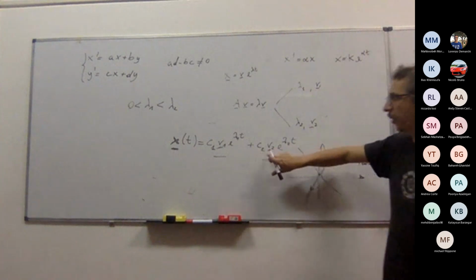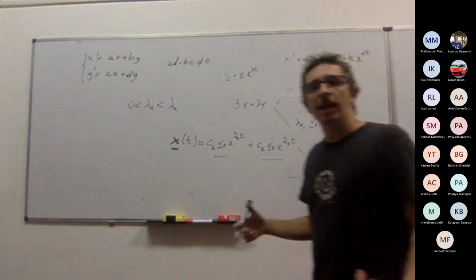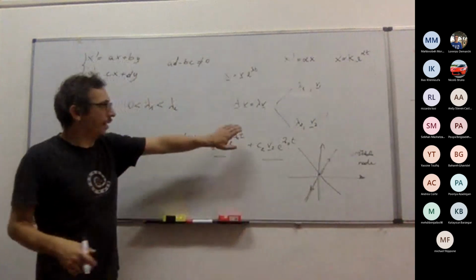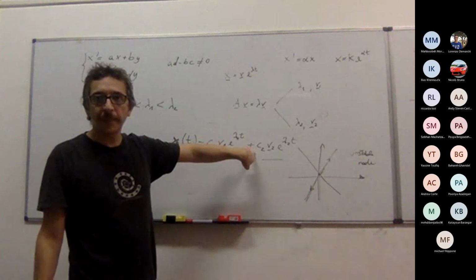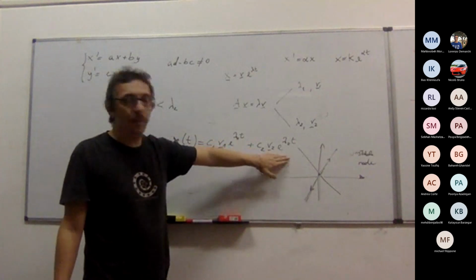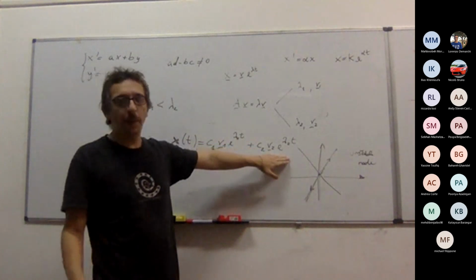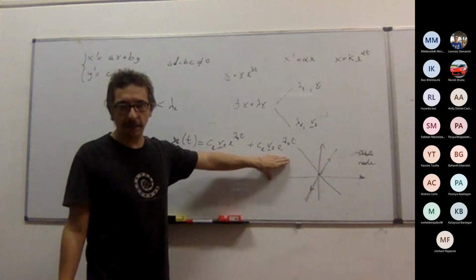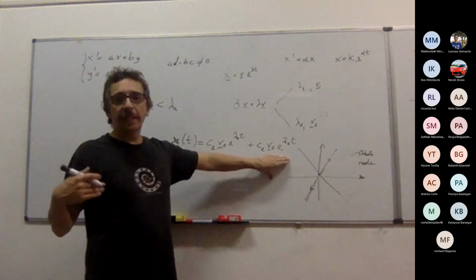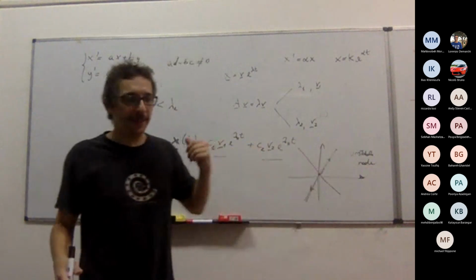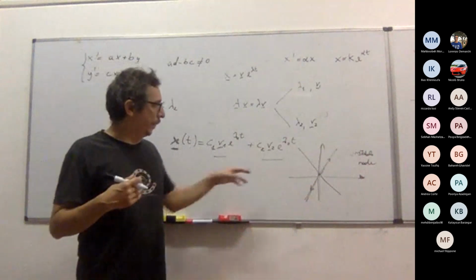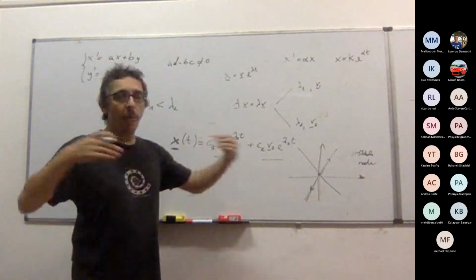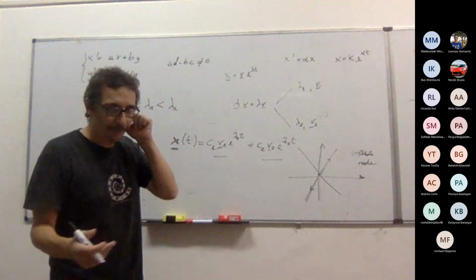The same happens for these other solutions. So let me set now C1 equal to 0. I don't have this, and I have just this thing here. Again, this guy goes to 0 when t goes to minus infinity. So for t that goes to plus infinity, towards my future, I'm going away from the critical point.